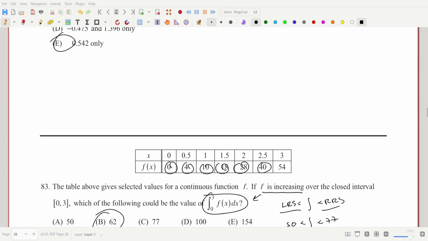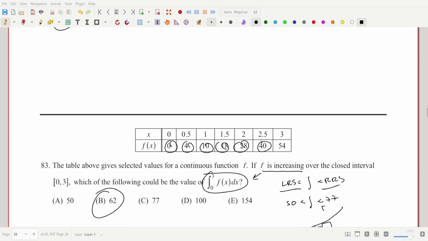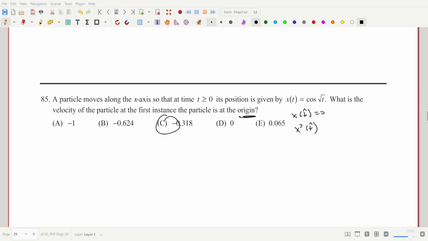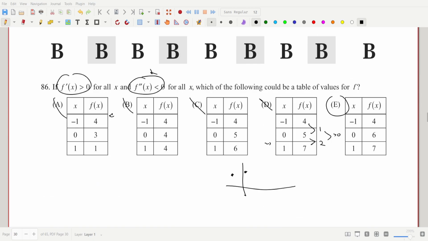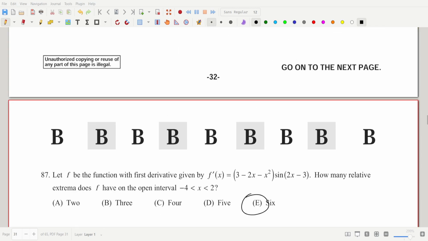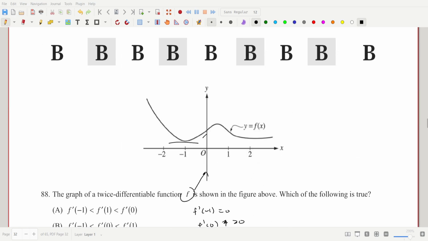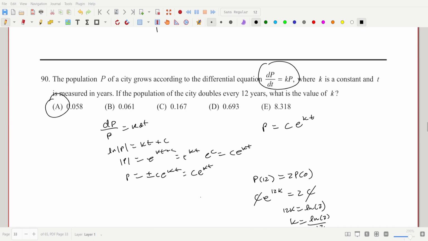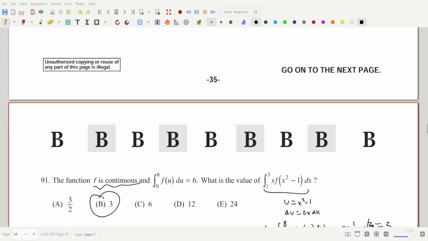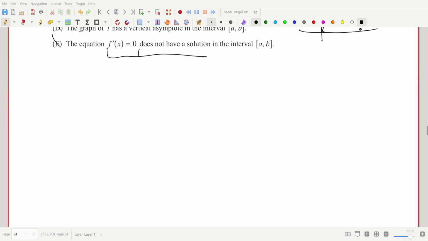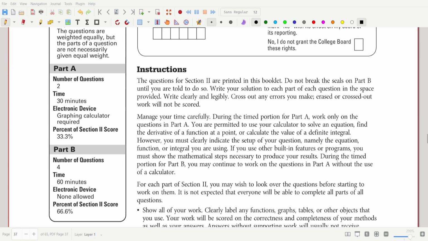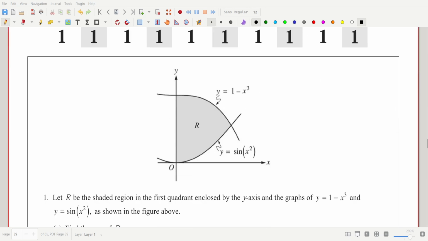Wait, I skipped one. 81, 82, yeah, okay, and then B, 84, what I said was D, and then C, and then I said E, E, D, E, A, and then B, A. Okay, I'm going to check those. And then if you look at FRQs first.